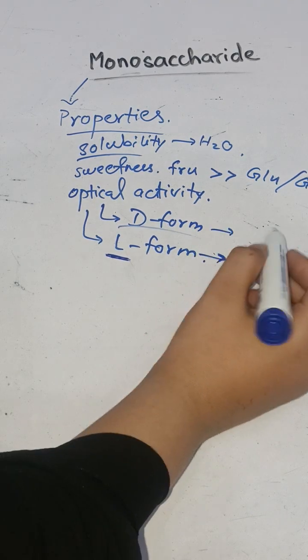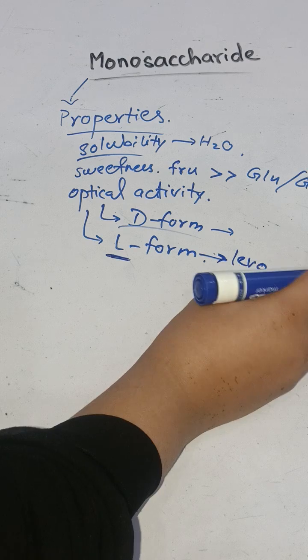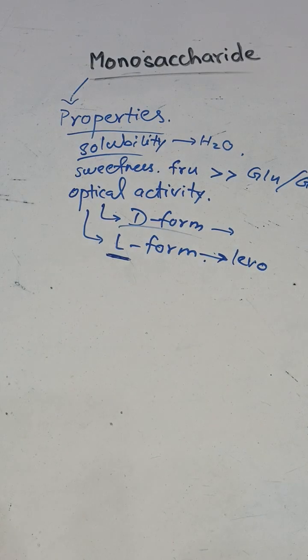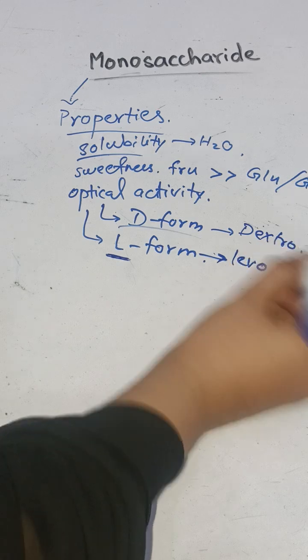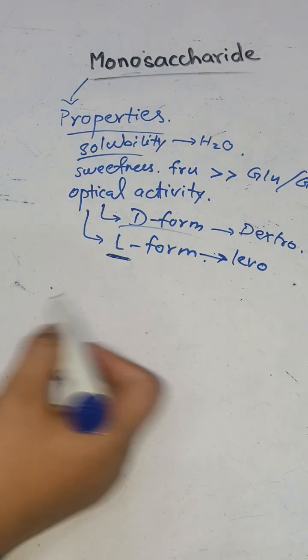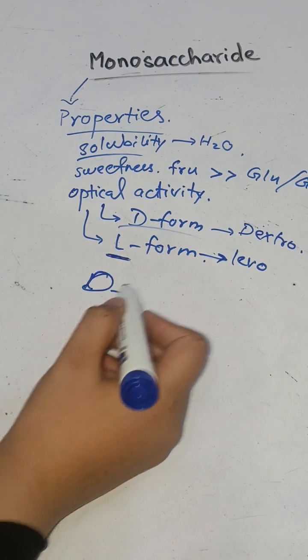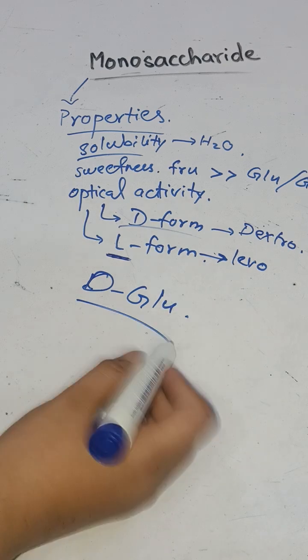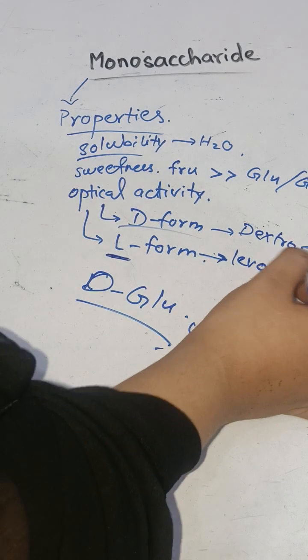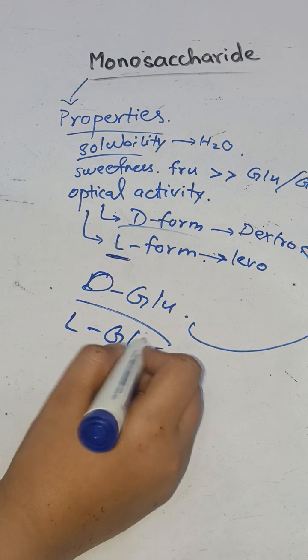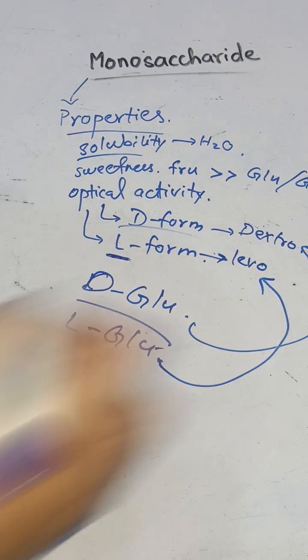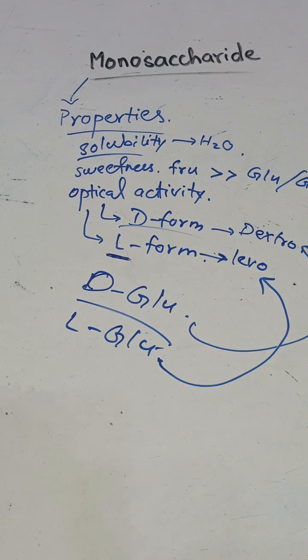Similarly, D-glucose is the glucose that rotates the light to the right side, and L-glucose rotates the light over the left side, which is levorotatory.